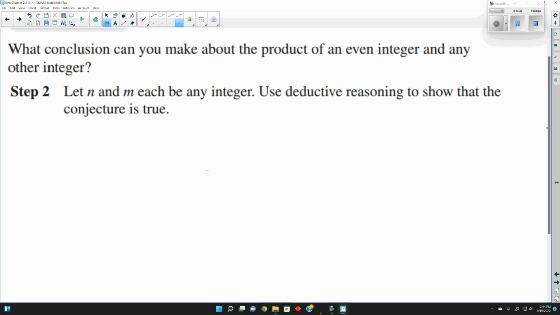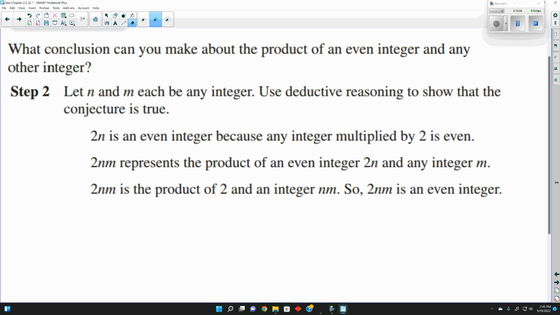So n and m are just any integer, any number. Because we can say 2n is an even integer because any integer multiplied by 2 is even. And 2nm represents the product of 2n and m.